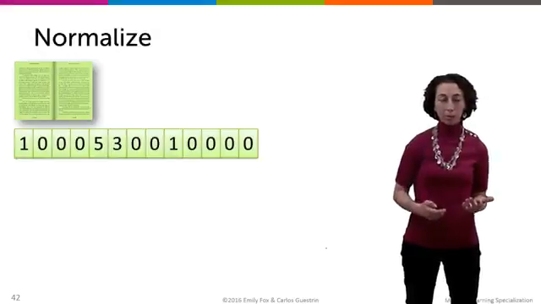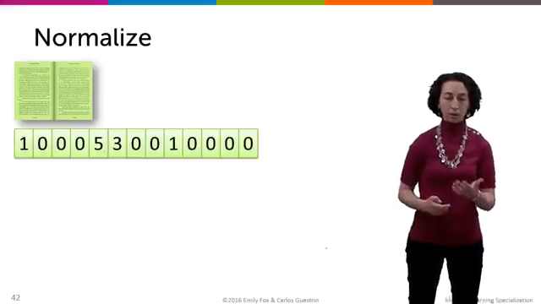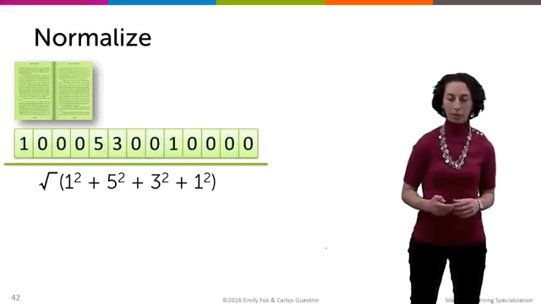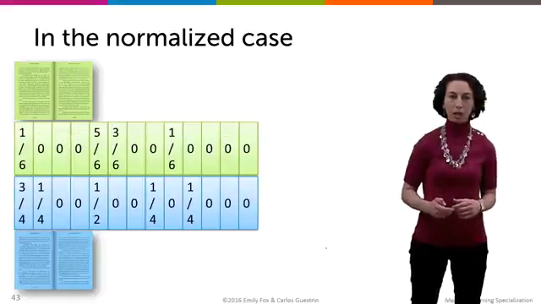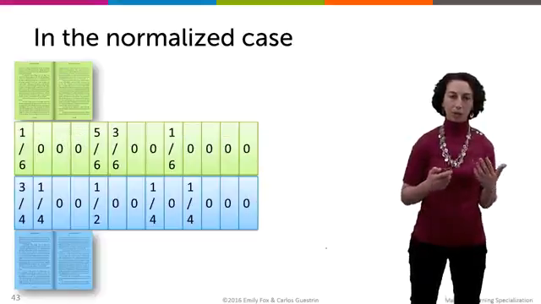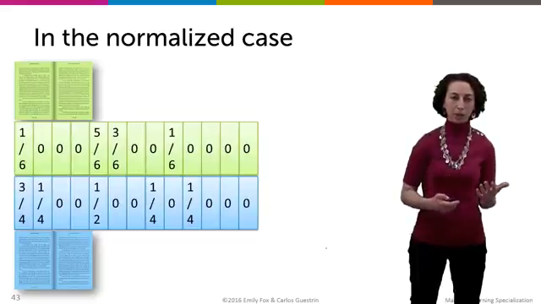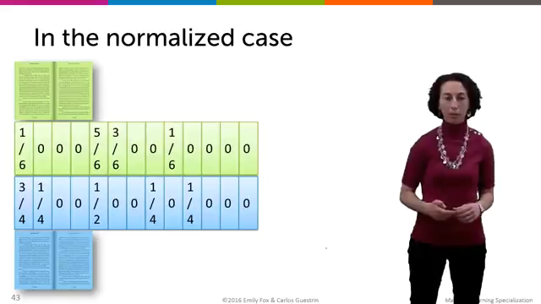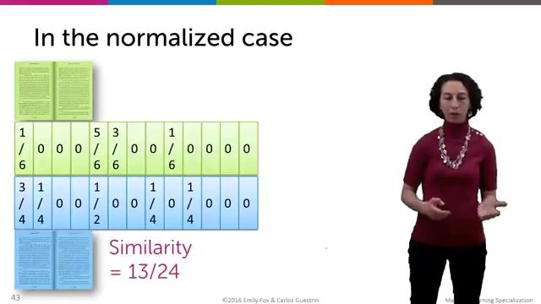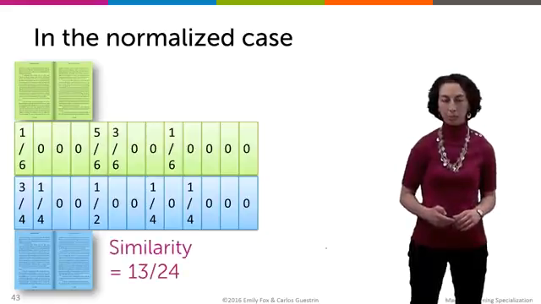Well, if we normalize the documents, so here's this green document, here's the normalization we did before, this was our normalized representation, and now we compute the similarity with this normalized representation of both the green document and separately the blue document, then we compute the similarity as 13 over 24.